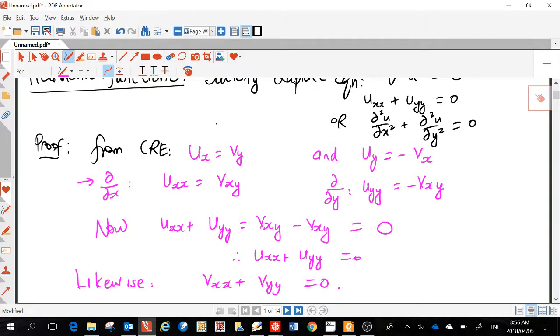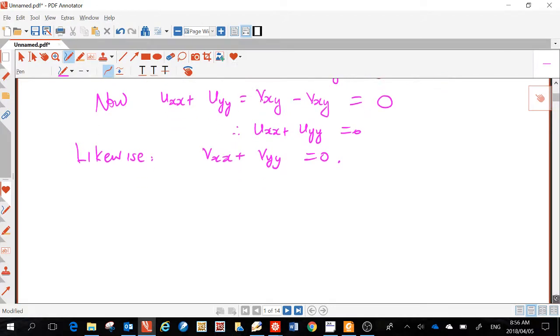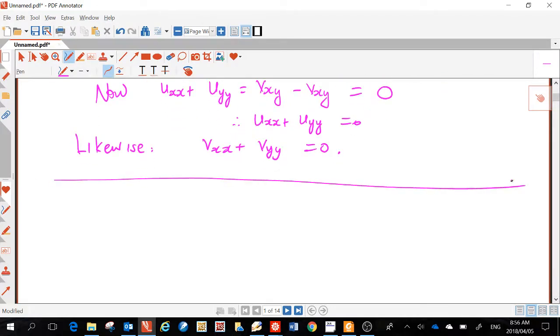Functions that satisfy these equations, Laplace's equation, are called harmonic functions. They actually are a consequence of the holomorphic nature. They are consequences of the Cauchy-Riemann equations, as you can see. So here's a small note, but I'll explain this note in more detail with an example as we go along. Just jot the note down, though.